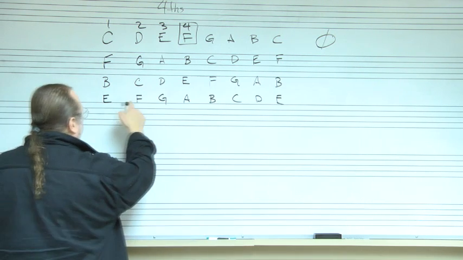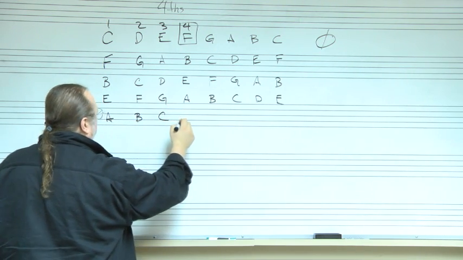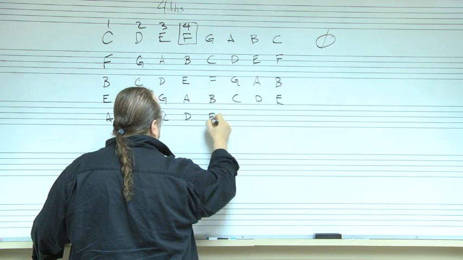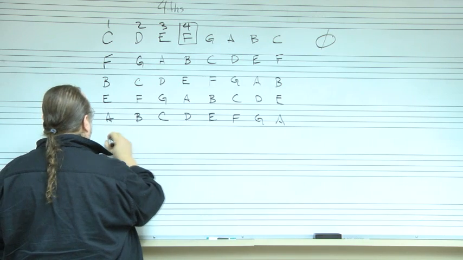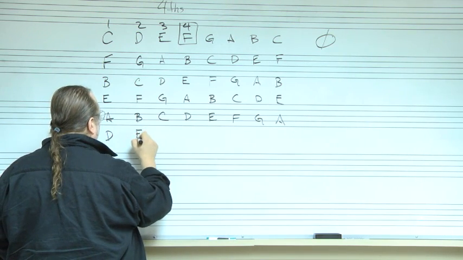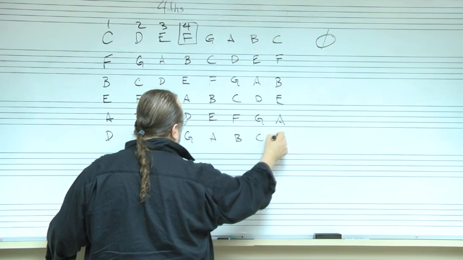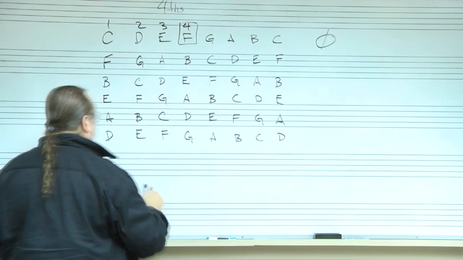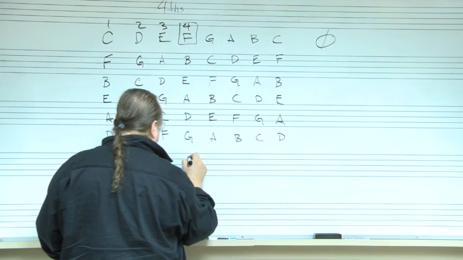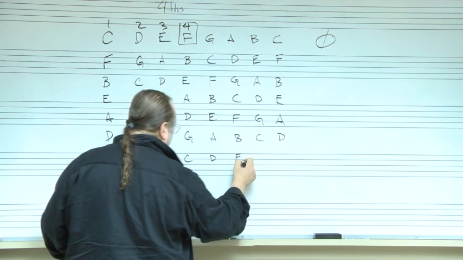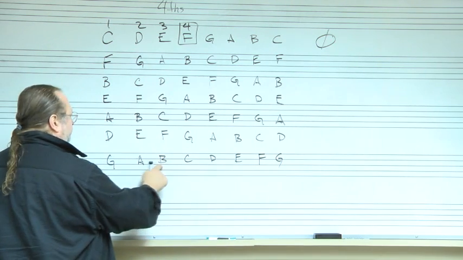A, right. 1, 2, 3, 4 is A. So A, B, C, D, E, F, G, A. And the next one? 1, 2, 3, 4. D, E, F, G, A, B, C, D. So G. The next one is G. 1, 2, 3, 4, so C. And the last one? 1, 2, 3, 4. C, exactly.